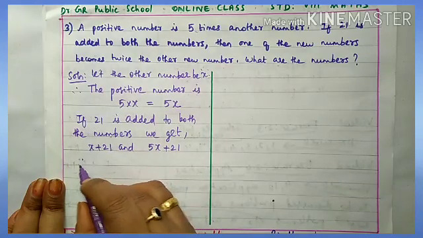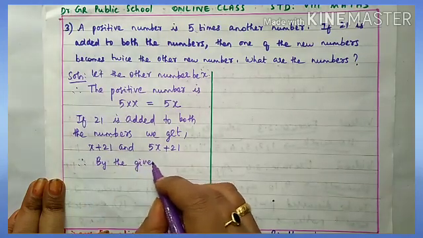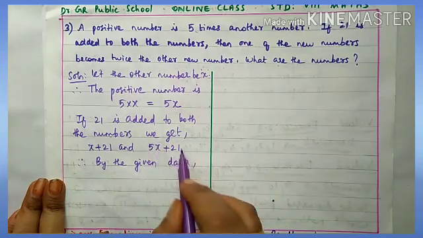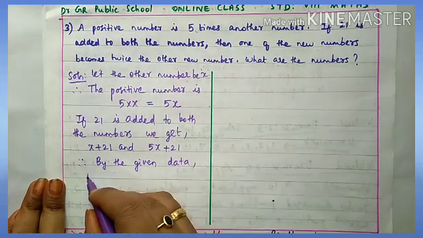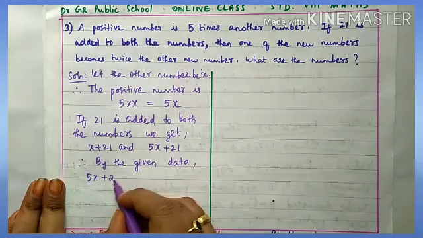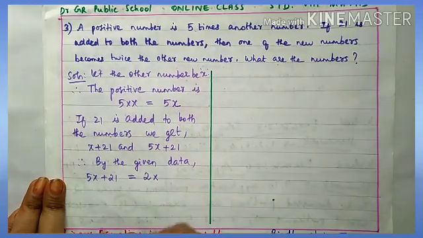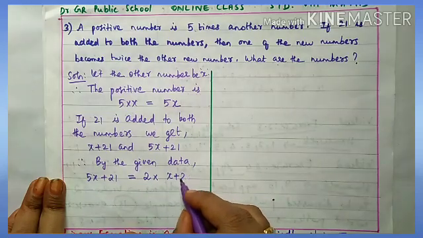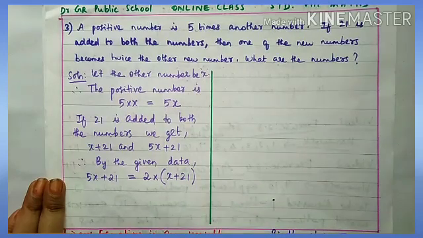So by the given data, how can we write? This positive number, after adding 21, 5x plus 21, is equal to twice the other new number, that is 2 multiplied by x plus 21, because here there are two terms, again I am using a bracket.